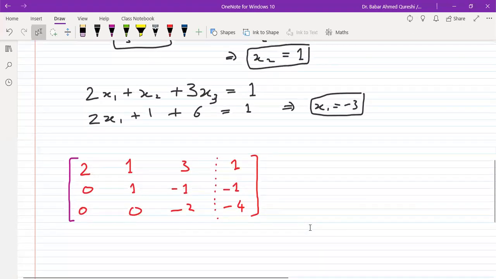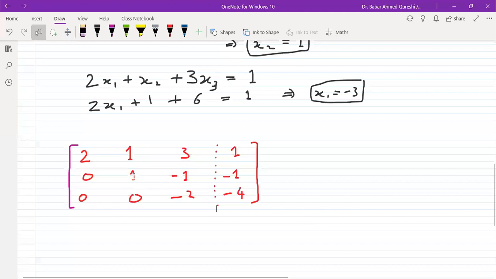Now you know that in the echelon form, all you need is the first element after the zeros to be 1. So that means I can multiply the first row by 1 by 2. That will bring a 1 here. So multiply this by 1 by 2 and multiply this by -1 by 2. This will put it in the echelon form.